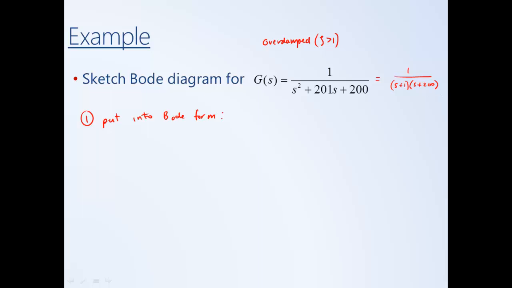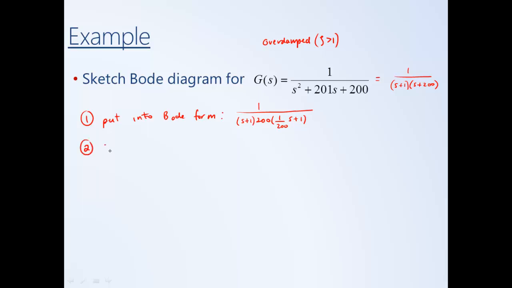Therefore, in order to put it into Bode form, we need to factor 200 out. This term is okay because it's in the form ts plus 1, where t is equal to 1. So that first term is okay. We factor 200 out of the second term. Now the transfer function is in Bode form.